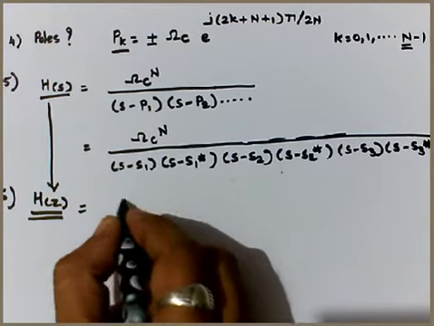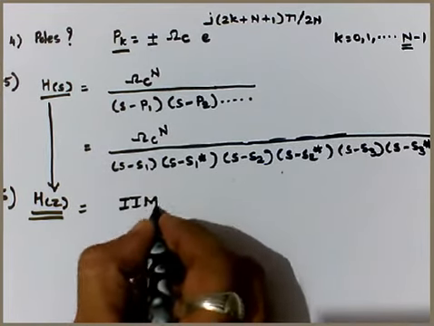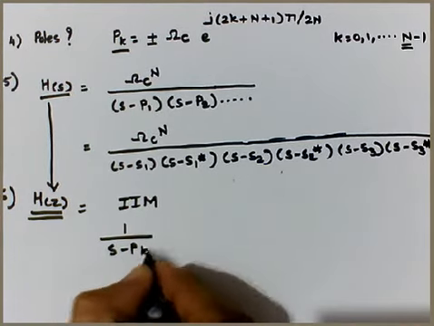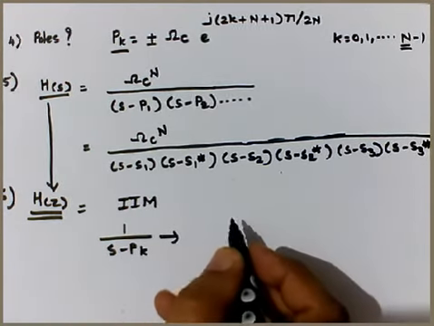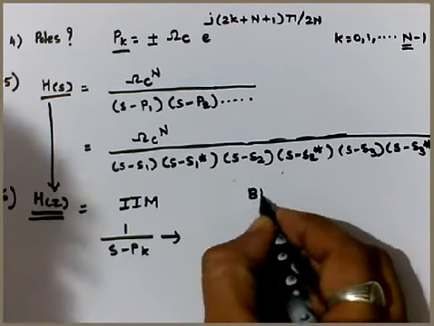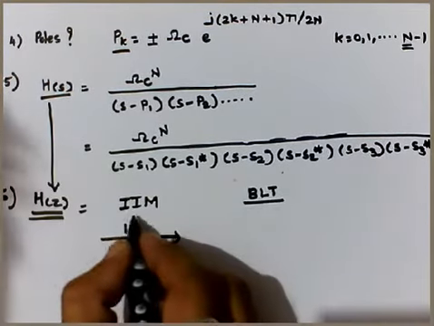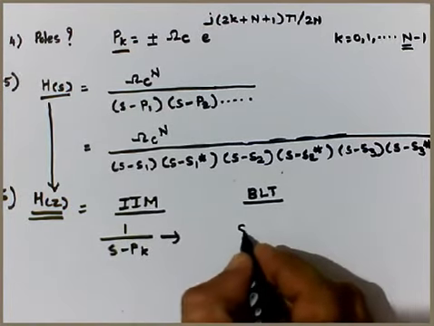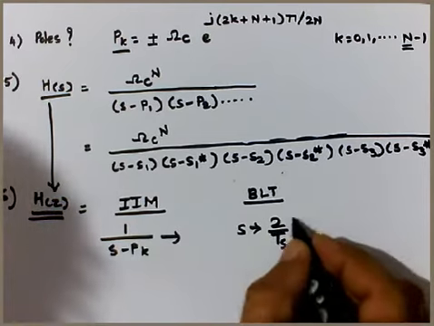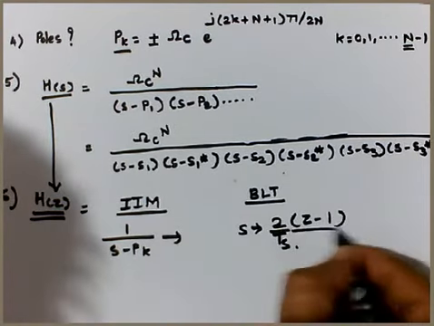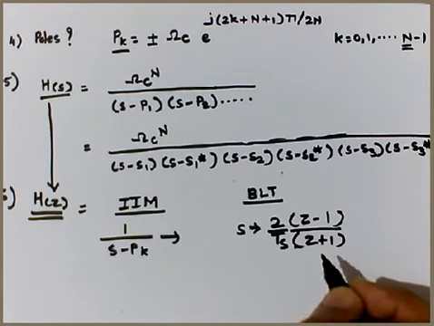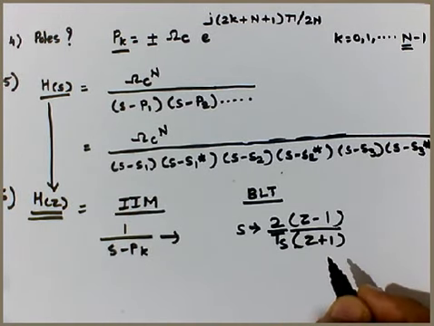Either by the impulse invariance method, where 1 upon s minus pk terms give 1 upon 1 minus e raised to pk Ts z inverse, or by the bilinear transformation method, where s will be replaced by 2 by Ts times (z minus 1) by (z plus 1). These are some of the values which we can go for while designing the filter.